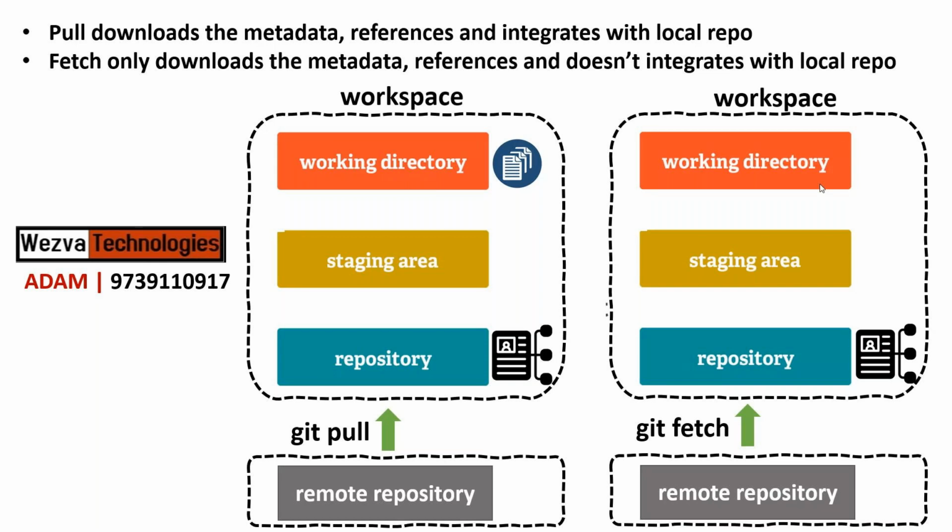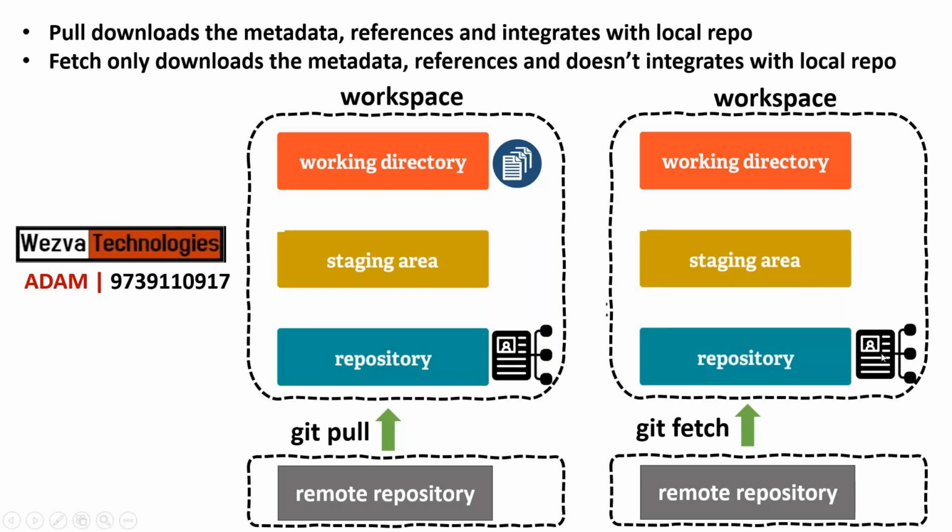This way, it is a little effective where you are not interested to see the files, but you just want to keep your workspace up to date from the references. But whenever you want, you can check out or switch to that particular content. At that point of time, git will try to integrate the changes.